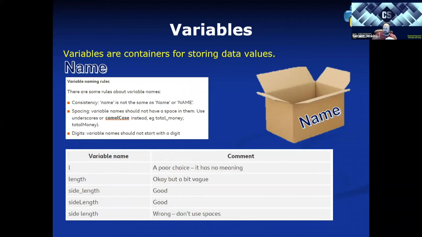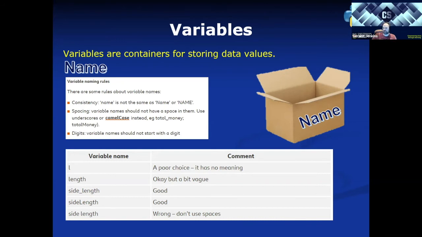The good choice would be side length, because that really spells out what your box, what your variable is. It's the length of a side. Or you can use camel case, side, capital L, length. And side length at the bottom has a space. That's wrong. You can't have spaces.